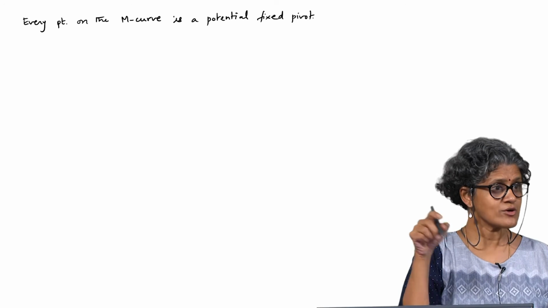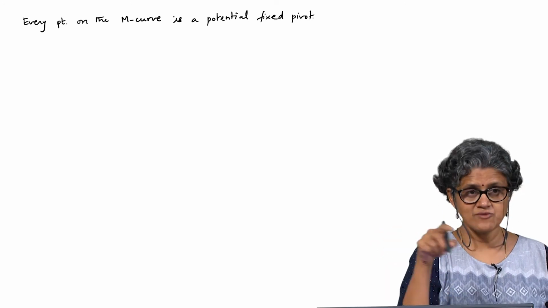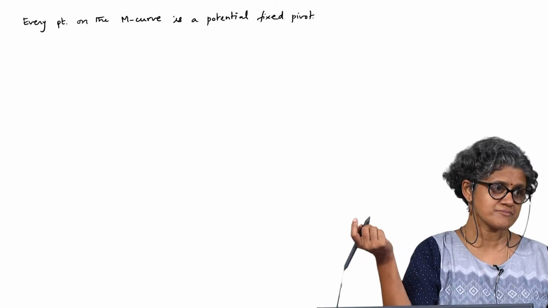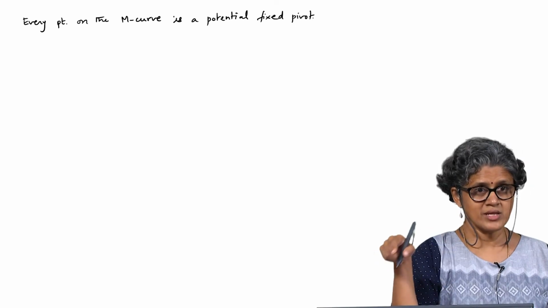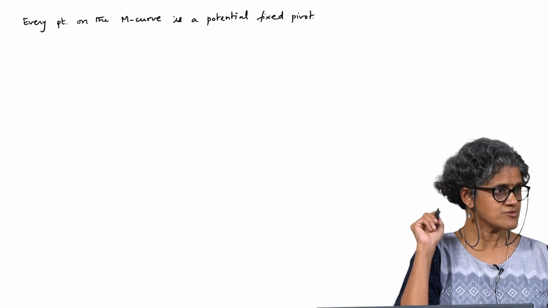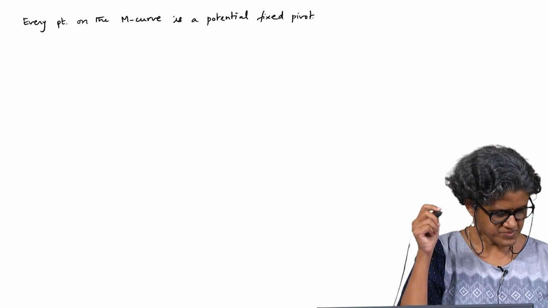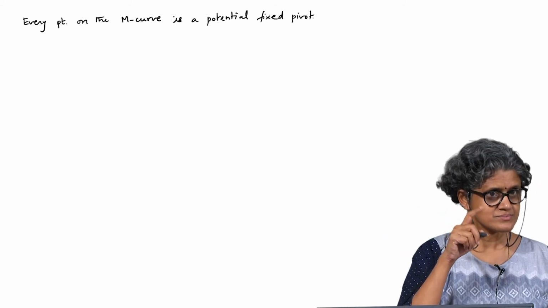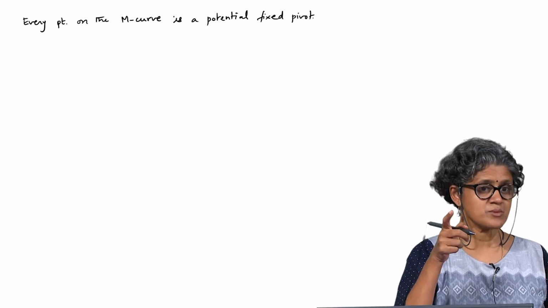You pick a point on that curve, there are an infinity of points on a curve. So, any point that you pick is a potential solution for the fixed pivot. Once you do that, the corresponding circle point gets fixed.